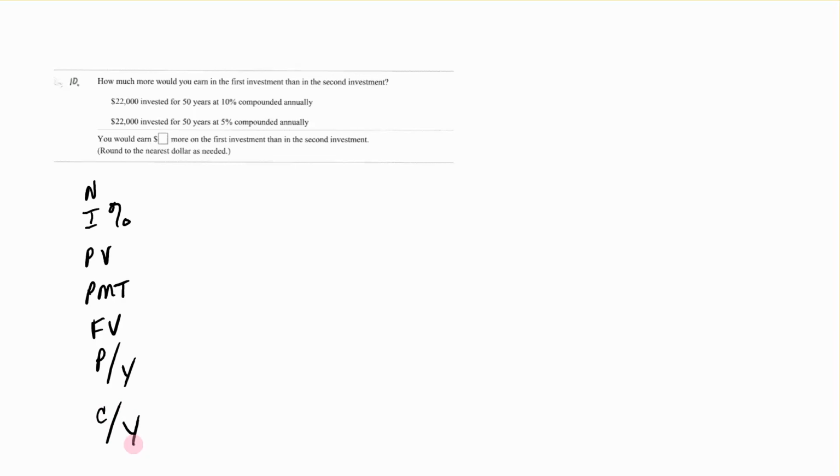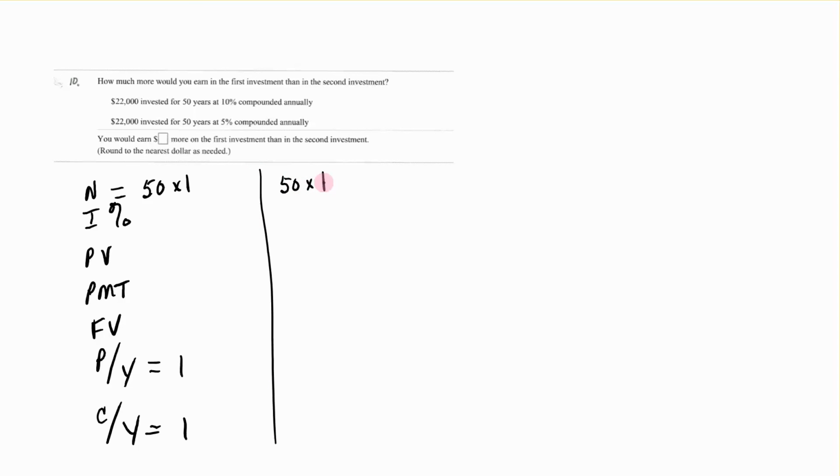In the first one, we're going to do 50 years compounded annually. Now, if we compound annually, it's once a year. So this is 50 times 1. This one is also 50 times 1.